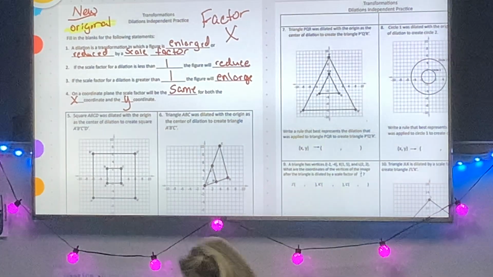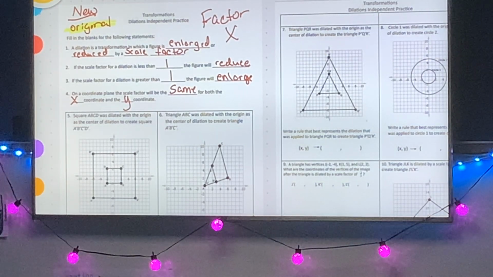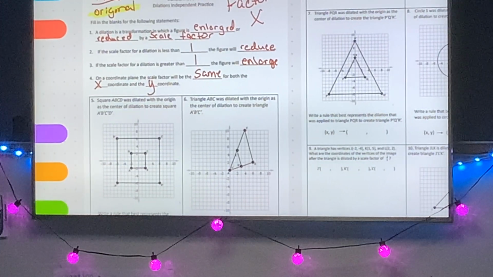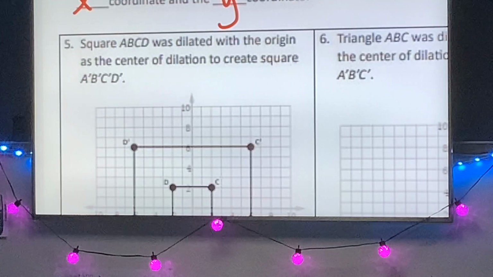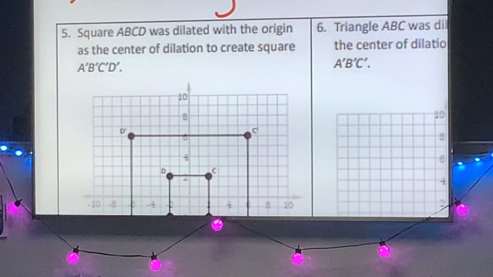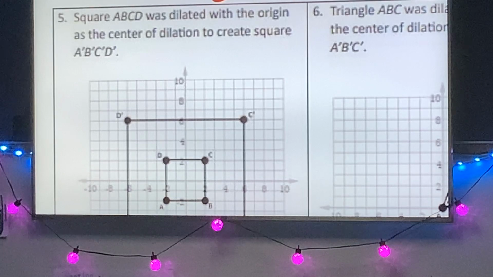Now, you're going to say, how do I know which is my original? Well, here it says, square ABCD was dilated with the origin as the center of dilation to create square A prime, B prime, C prime, D prime. So those little baby things up there, they look kind of like ones or commas or apostrophes.